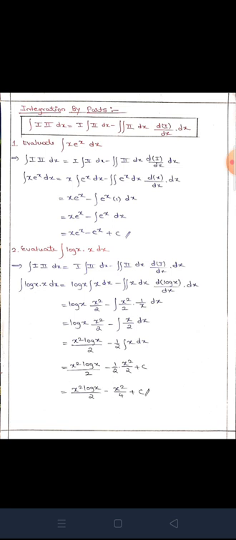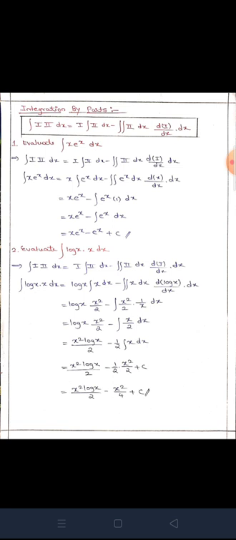Next, second sum. Evaluate integration of log x into x dx. Log x is here your first term and x is the second term. Again, note the formula: integration of first and second term dx, first term as it is, integration of second term dx minus double integration of second term dx, differentiation of first term with respect to x dx.